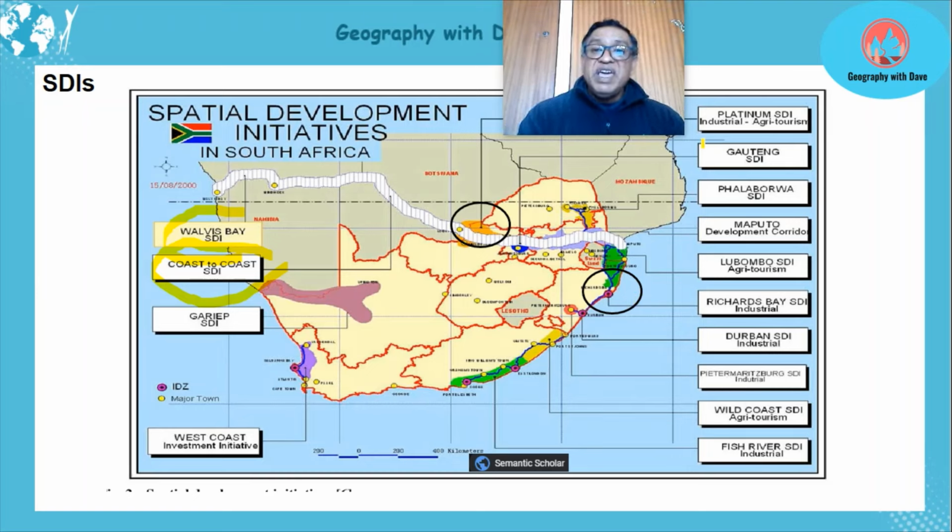So we can see various SDIs that are found. You just need to know the location and the SDI. So we looked at all these things and we looked at the linkage between them.